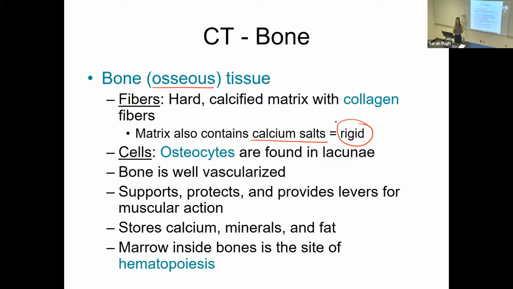We need calcium for glands to secrete, for cells to be able to divide. We need calcium for everything. So your body will always maintain a certain amount of calcium in your blood. And if there's ever a time where your blood calcium level is elevated, if it's high, your body will take the extra calcium that you have in your blood and store it in your bones.